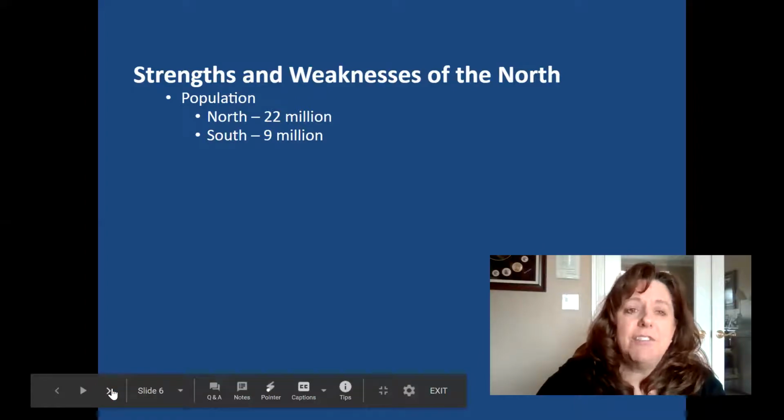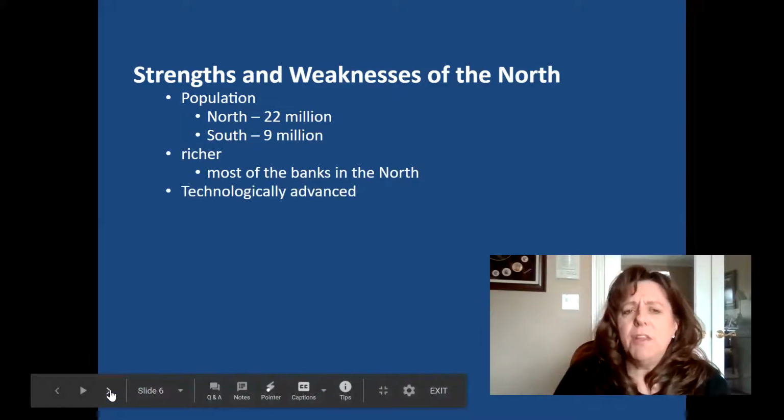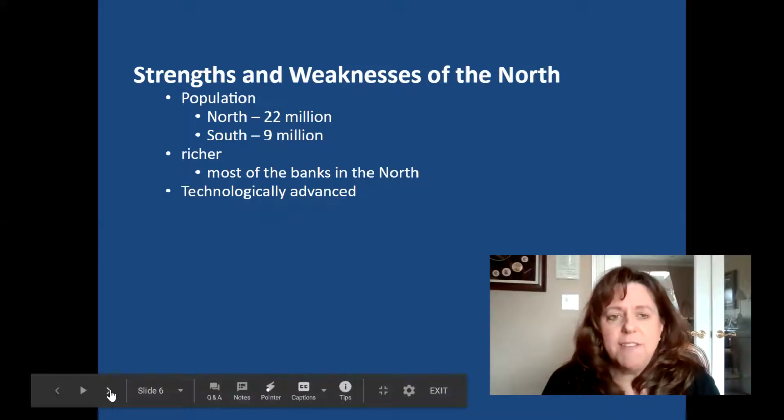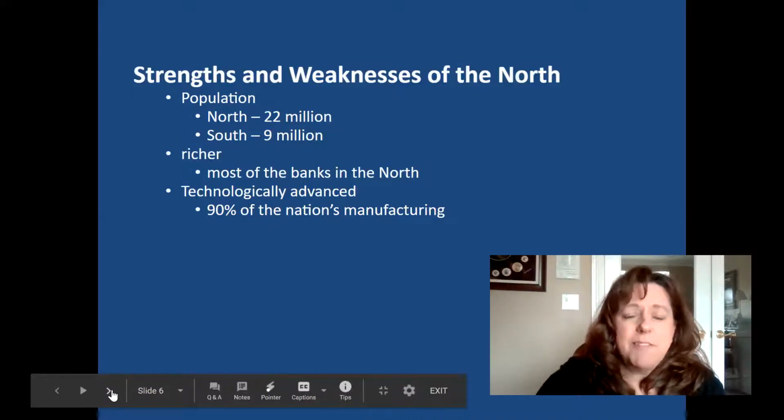So that is a strength that the North has. They have more people. They also have more money. The banks are in the North, and this is where the economy was based on factories. So they have this technological advantage, meaning that they can build things that the South may not be able to. 90% of the nation's manufacturing is up north.